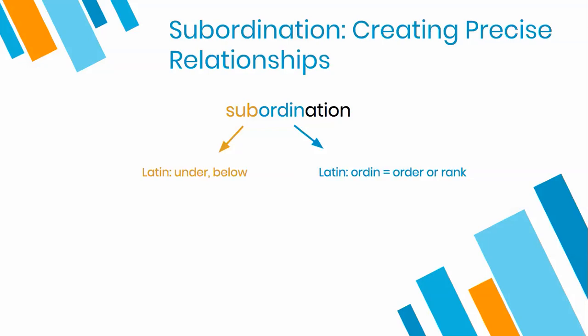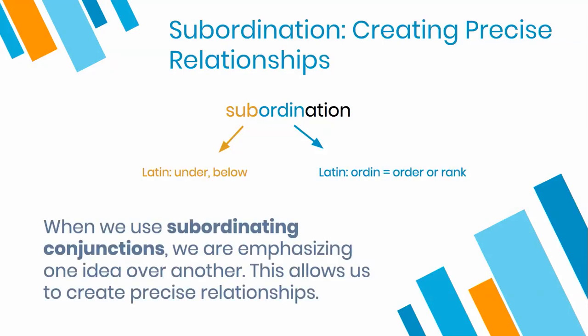So the word subordination and subordinating conjunctions really means that one idea is under or below the other idea. When we use subordinating conjunctions, or we otherwise create dependent clauses or even phrases, we're emphasizing one idea over another, which allows us to create precise relationships, which is what we want if we're looking to improve our writing.